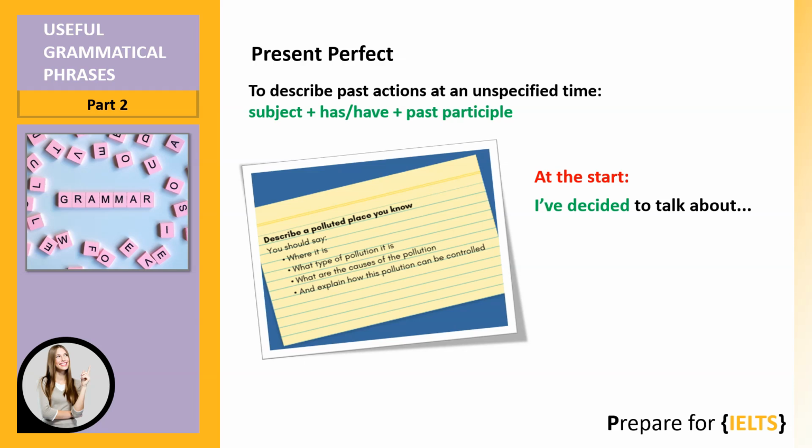And at the end of your 2-minute talk, I hope I've covered everything. To cover means to include, to go over all the bullet points. So you've got a present perfect at the start and one at the finish. And the IELTS examiners will like that.